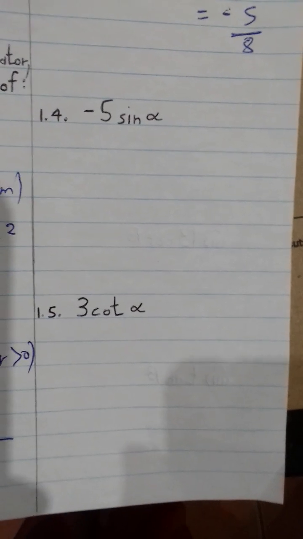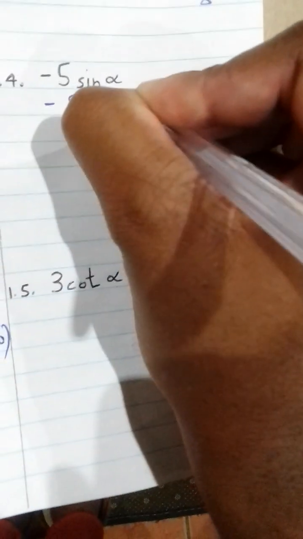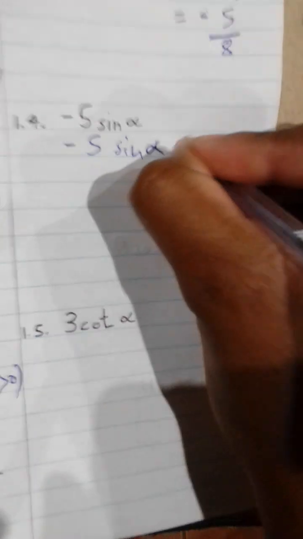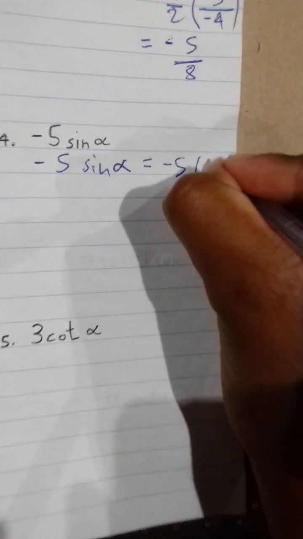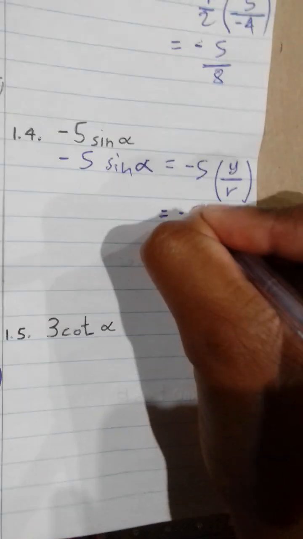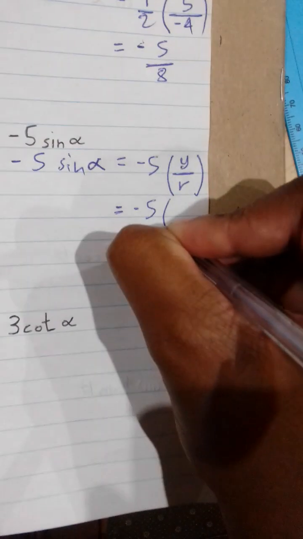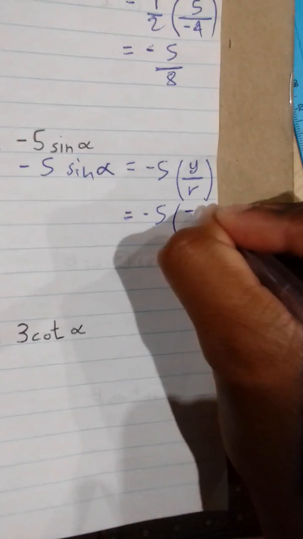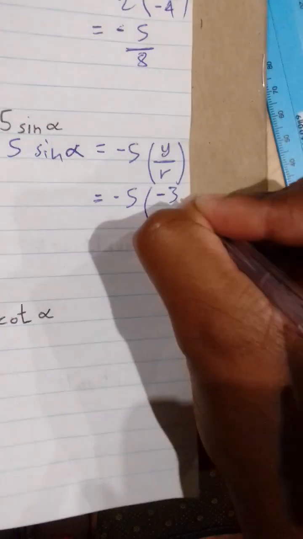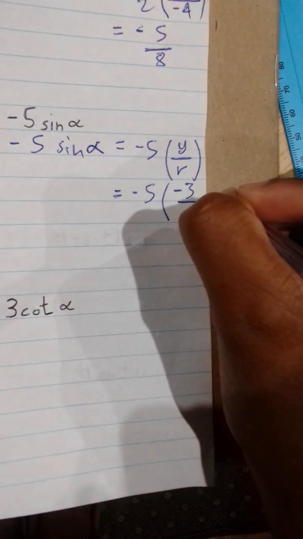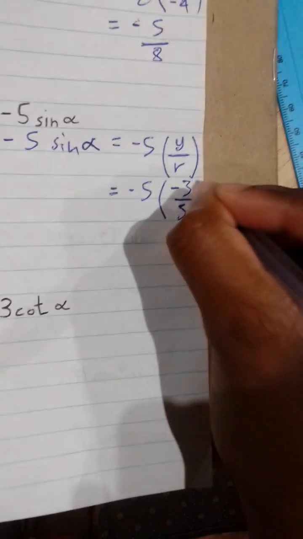1.4, -5 sine alpha. Oh my, I don't know what's wrong with me. Sine is y over r. What is y? Negative 3. R is 5.